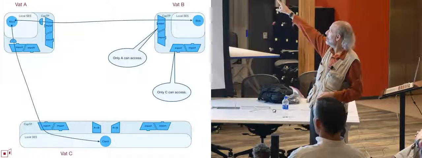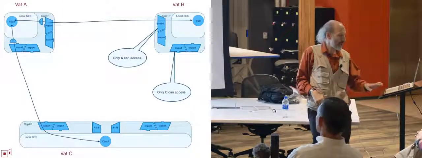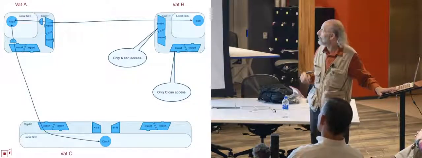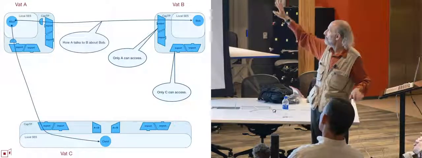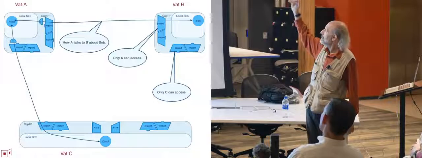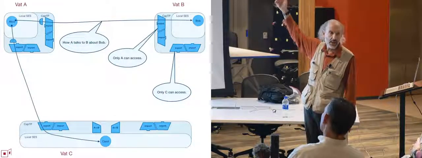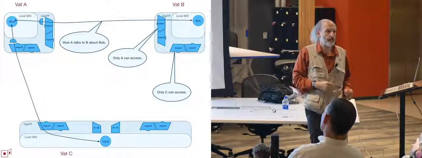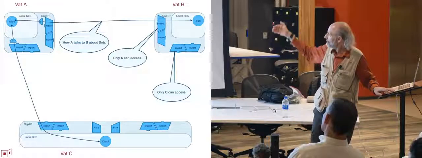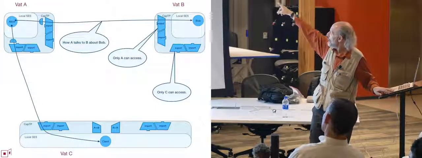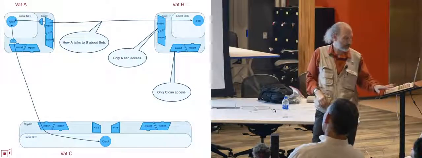When a message comes in to VAT B from VAT A, the fact that it's authenticated as being from VAT A lets VAT B know that that message can address that table. The index in that table, which is matched between A and B, is how VAT A talks to VAT B about Bob. VAT C can't currently access Bob because Bob is not exported through the export table that VAT C can access.